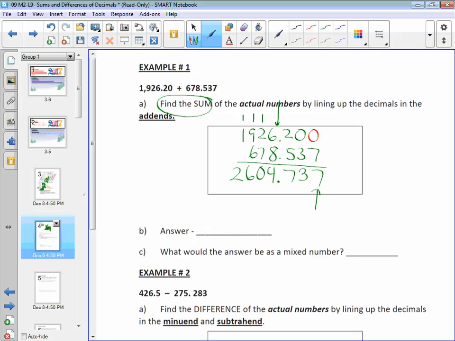Not correct. That's not the way we say it. We say it as 2,604 and 737 thousandths. That's the way you do it. Okay?